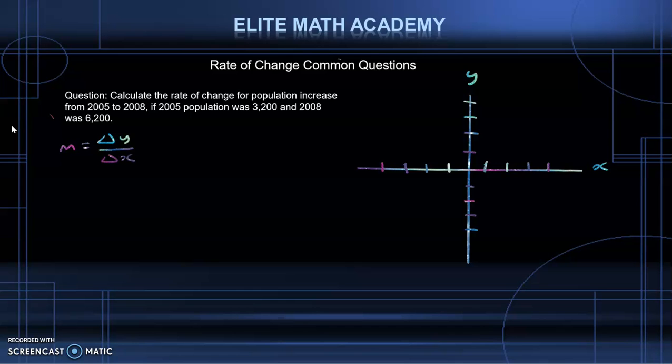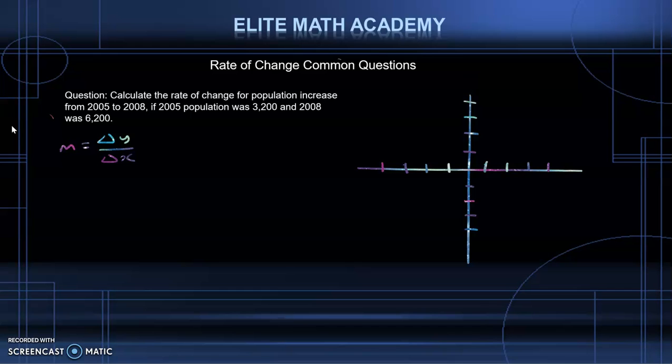Now we are given the years and we're also given the population. So all we have to do is mark these on the xy coordinate. But which one will be the x coordinate and which will be the y coordinate? That's a common question that I get usually in my classes. So let me erase the x and y notations here.